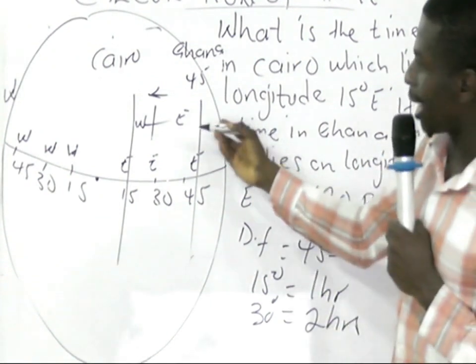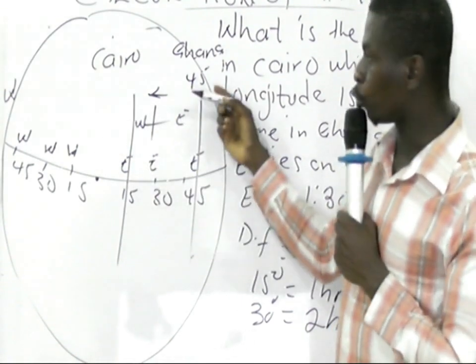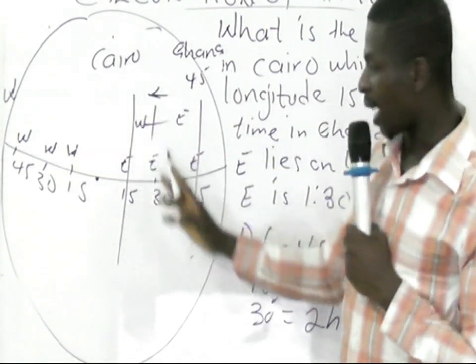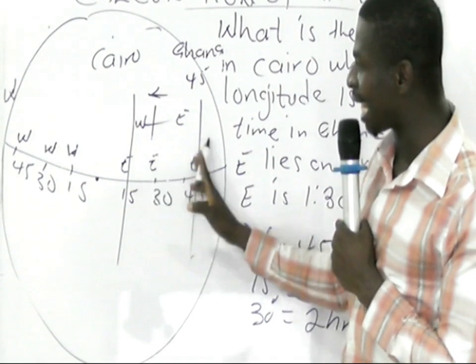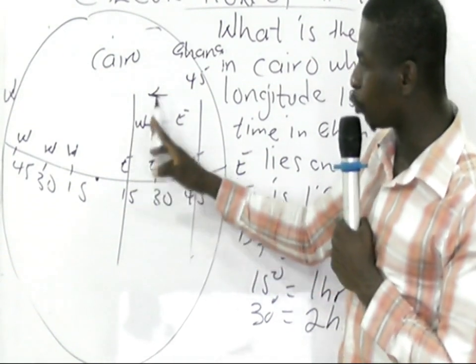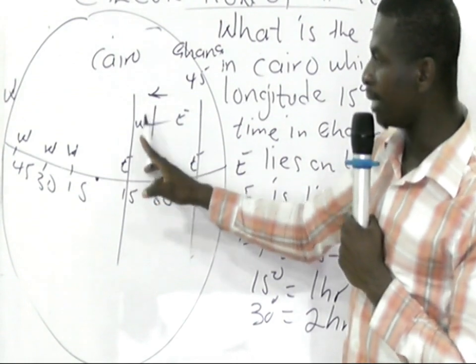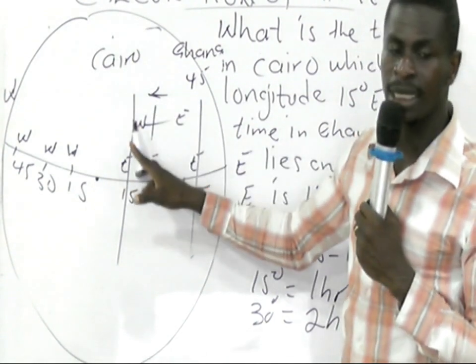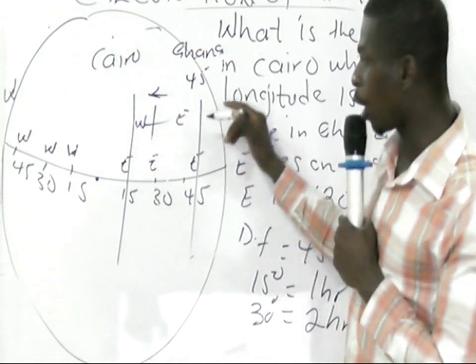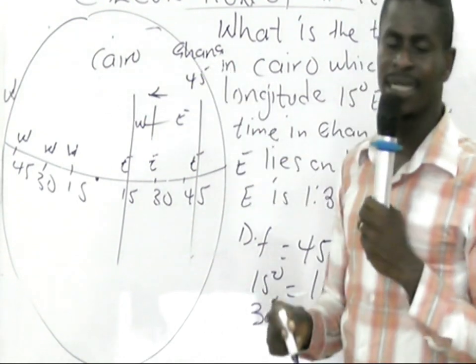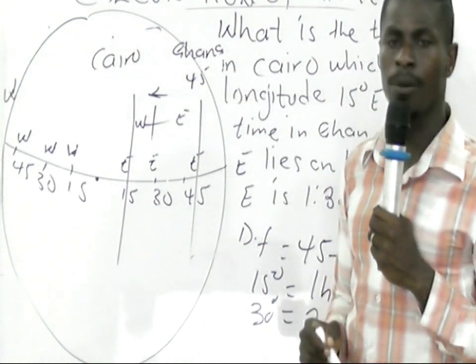But because we are going to Cairo to find the time there, and if you draw, you see that even though they are lying on east, if you draw the cardinal point, Cairo will be west. And so because you are going to find time at west, time will decrease by 2 hours.